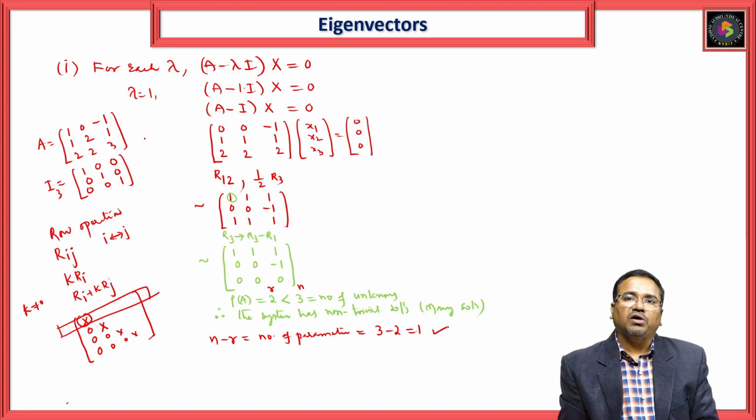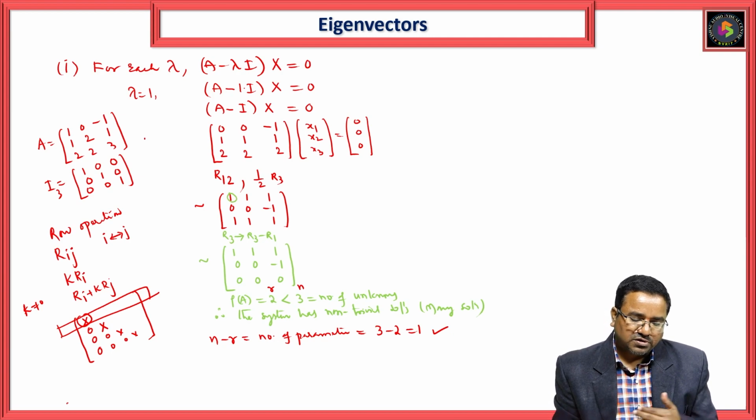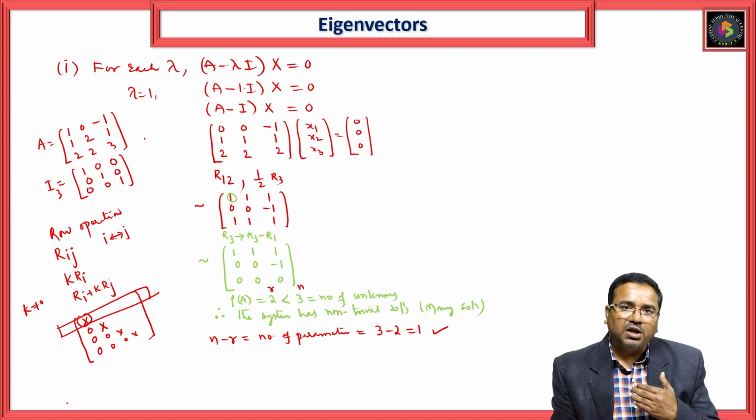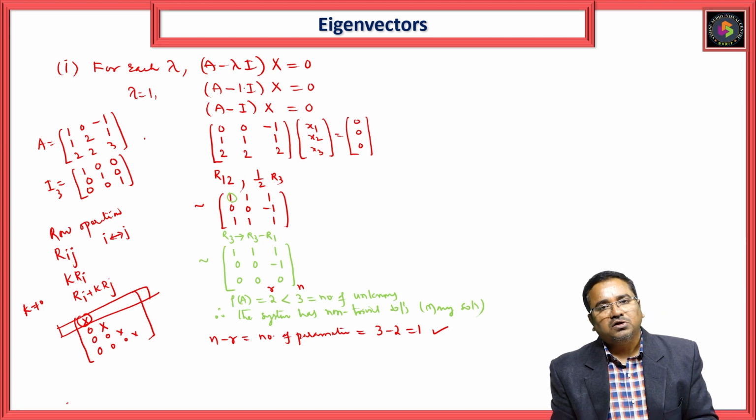Now what is the significance of the number of parameters? In solving the system, it tells how many unknowns can be assigned arbitrarily. So among these 3 variables, by taking one unknown value arbitrarily, we can solve the system.